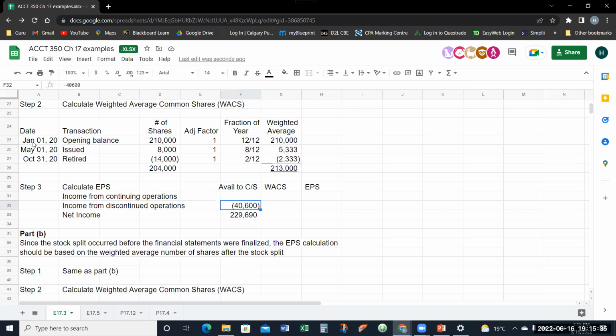The opening balance will by definition be at the beginning of the fiscal year. This company's fiscal year is the calendar year, but if you have a different fiscal year, that's fine. If a company has a year end on November 30th, then their year must have started on December 1st of the previous calendar year. So the beginning time will change, from whatever that date is up to the end of the financial year.